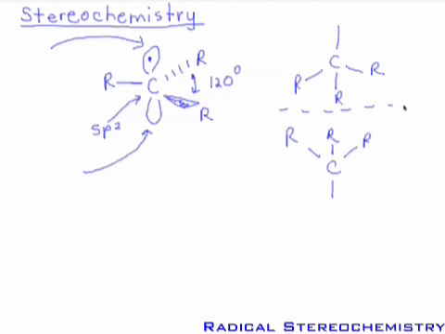And indeed, the evidence for this stereochemistry of the radical, the fact that it's trigonal planar, is the fact that you get such racemization. So if you started with an enantiomerically pure alkane, where you had an H here and 3 different R groups, and then you pulled off the H to make a radical, and then you did the radical coupling, your pure enantiomer would give you a racemic mixture. Okay, so stereochemistry leads to racemates in radical reactions.